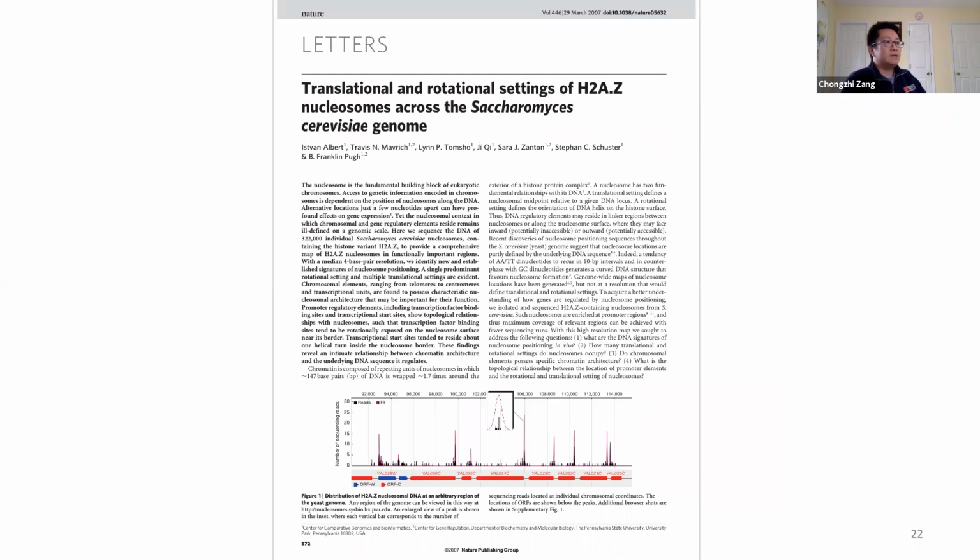In fact, the first work that used sequencing technology to study chromatin, or nucleosomes, was published earlier than that.